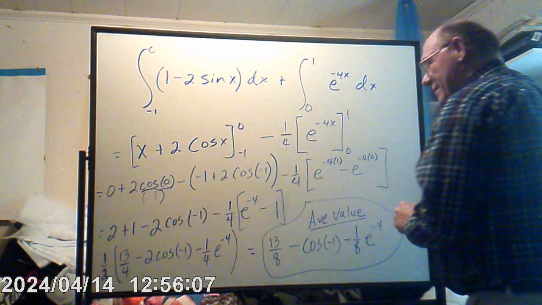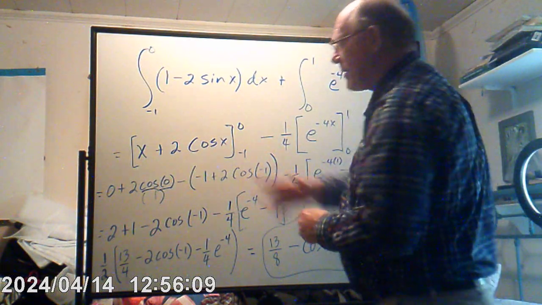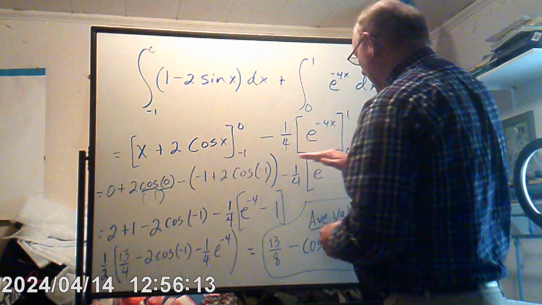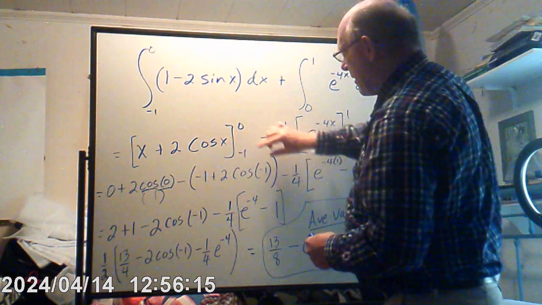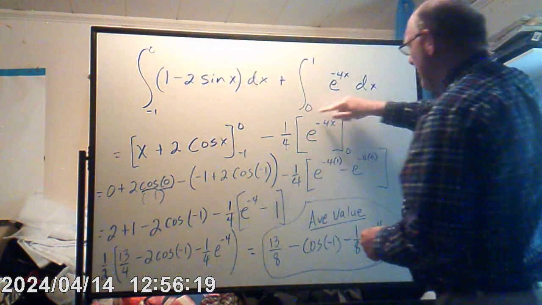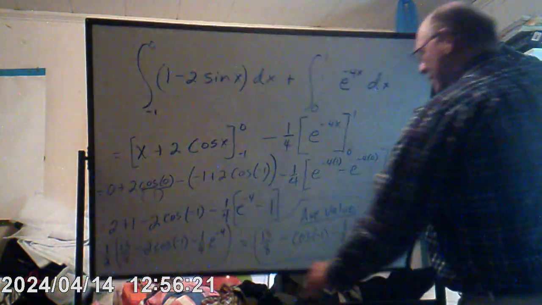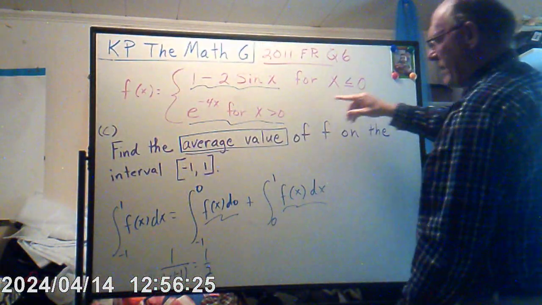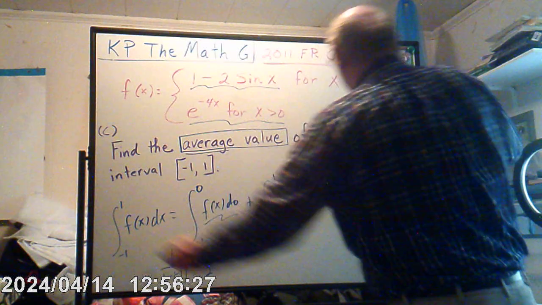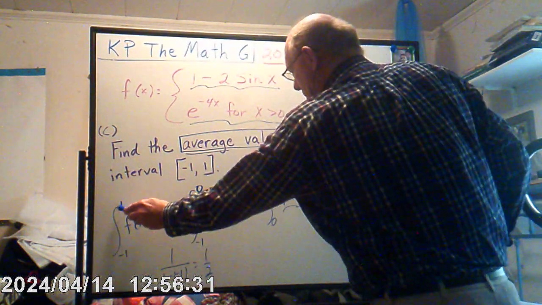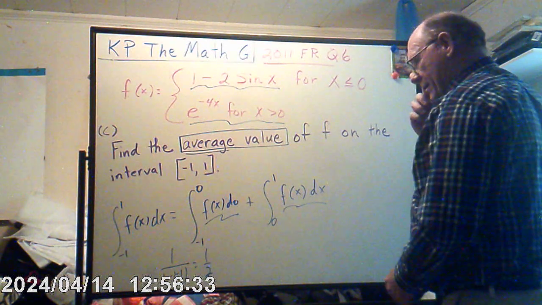Alright, that took a little bit of work to do. You had to know how to integrate this, and you had to integrate this, and notice that you had to go from -1 to 0, and then from 0 to 1, simply because, and I hate to keep going back and forth, you had to go from -1 to 0 here, and then from 0 to 1 here, okay?